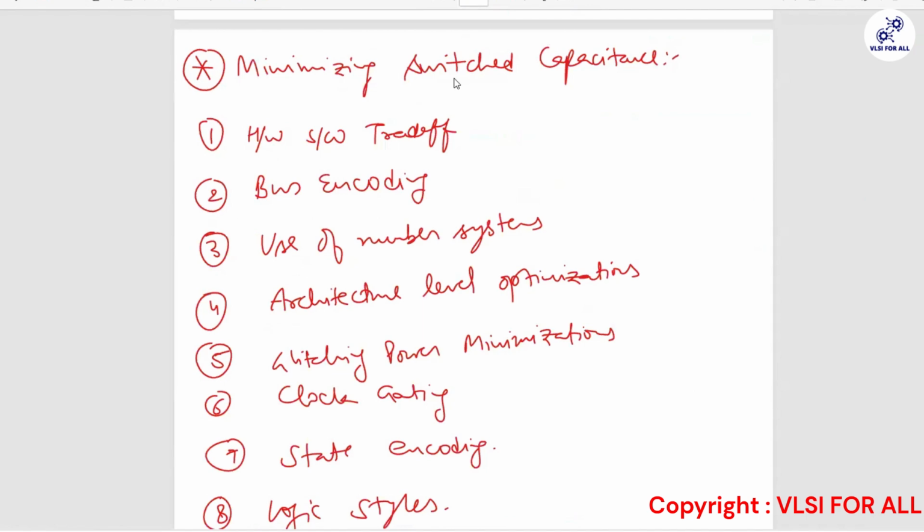In minimizing switched capacitance, we talk about the hardware-software trade-off, bus encoding, and number system. In the hardware-software trade-off, we understood bus encoding, which we covered today. So these are the things.